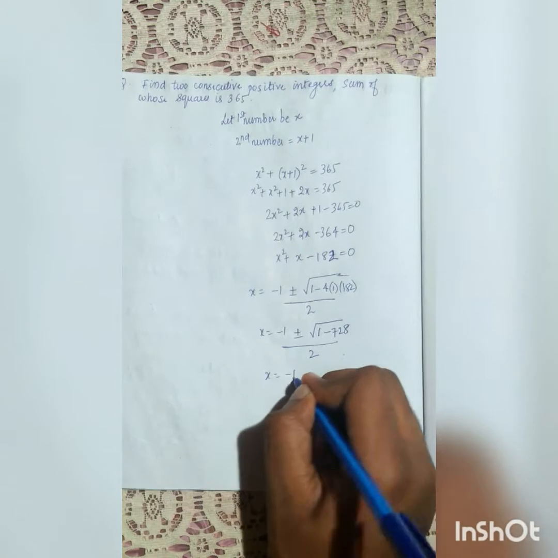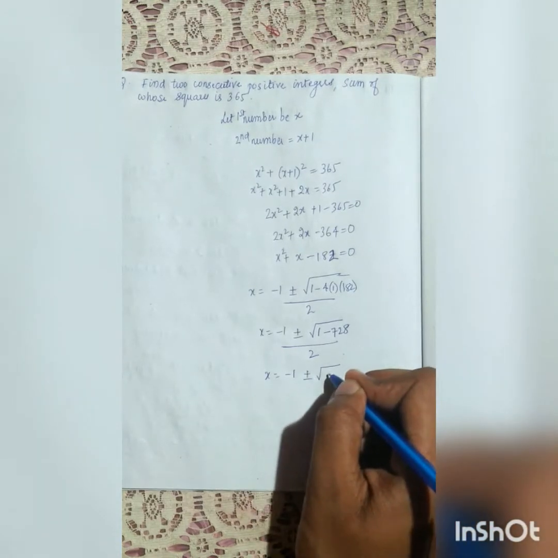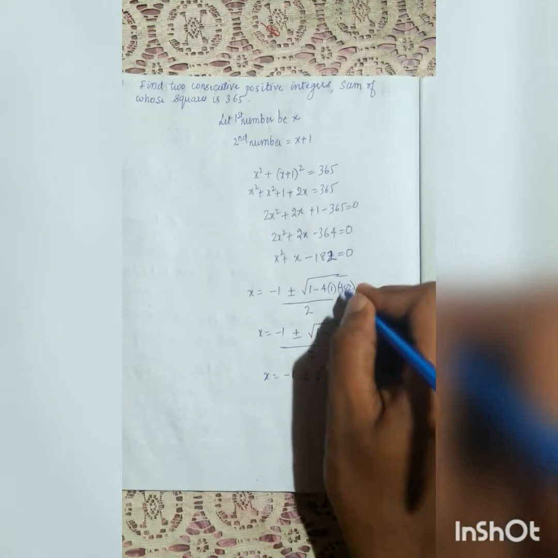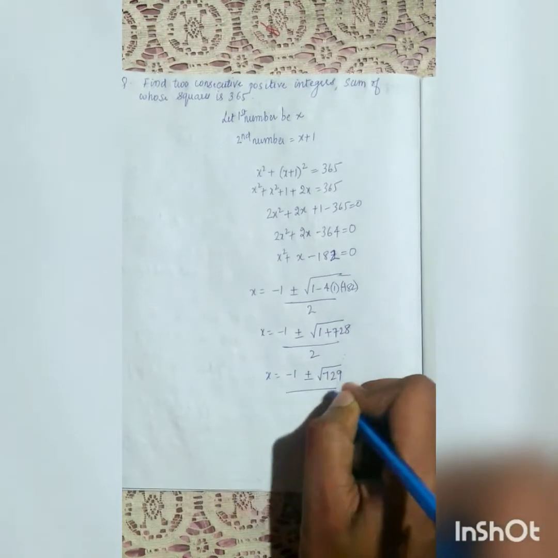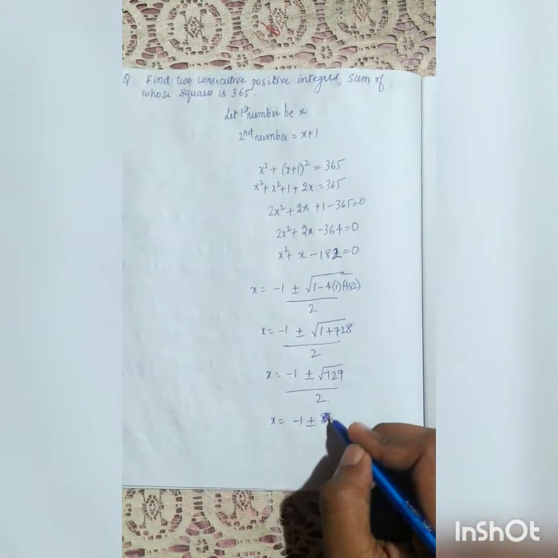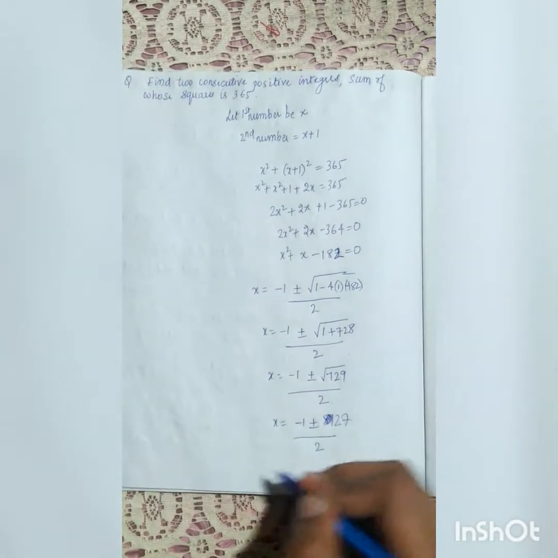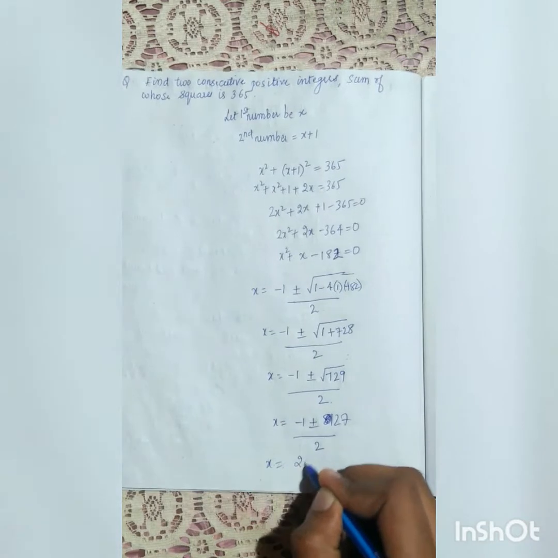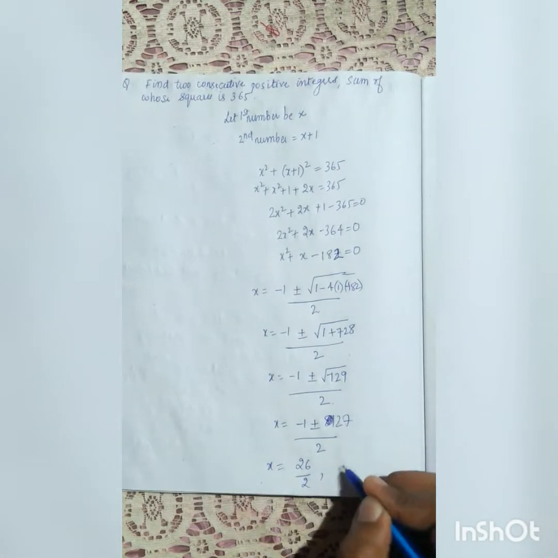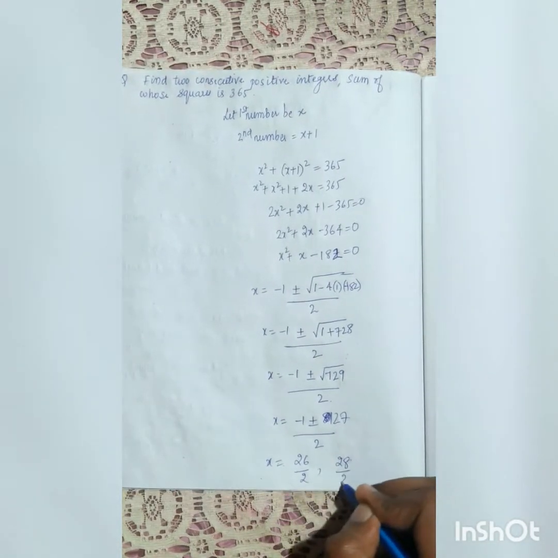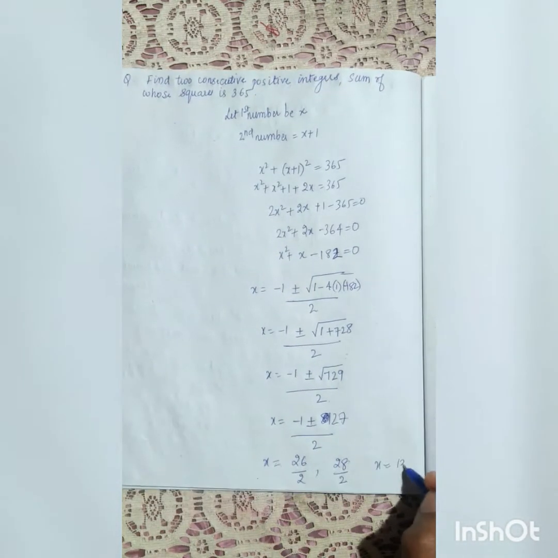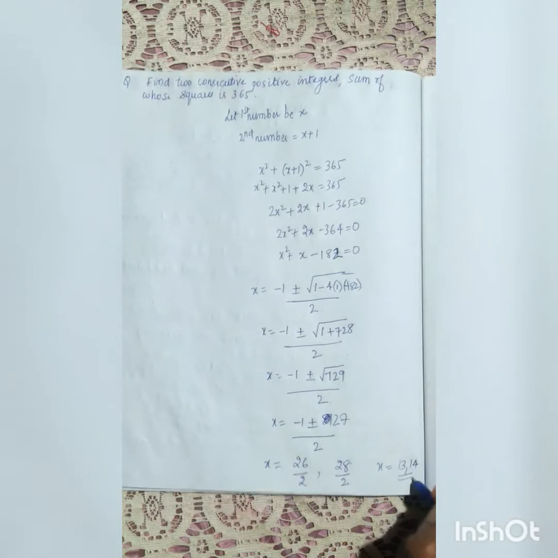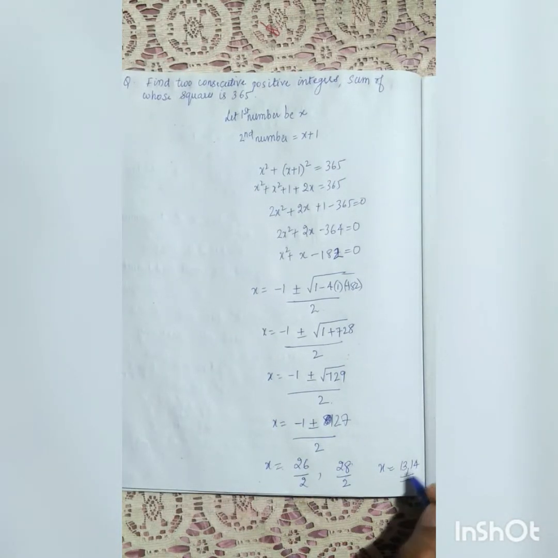So we have x is equal to minus 1 plus minus root of 729 divided by 2. The root of 729 is 27, so x is equal to 26 by 2 or minus 28 by 2. So we get the roots as 13 and 14. So these are the two consecutive numbers whose squares, when summed, give 365.